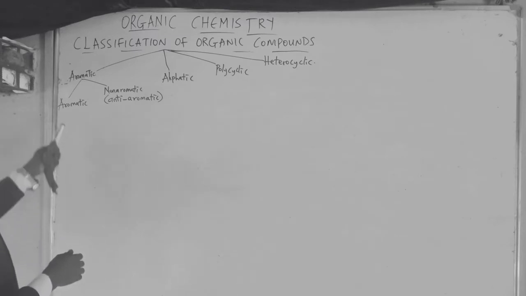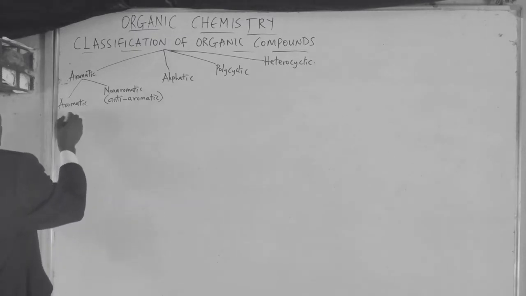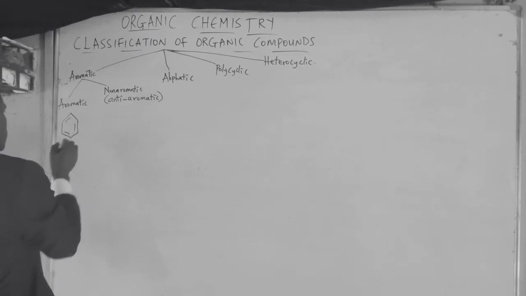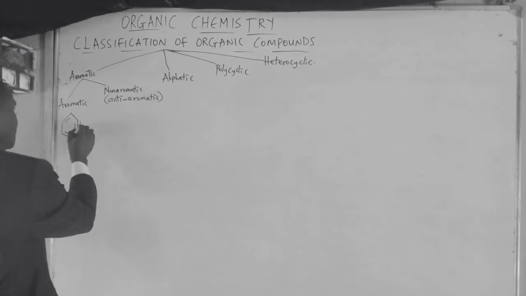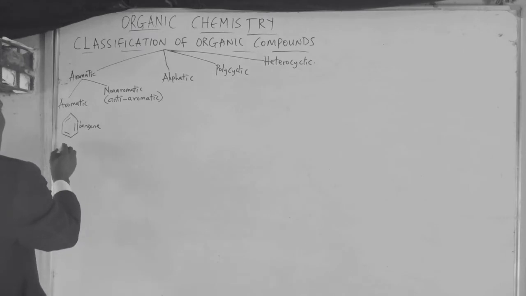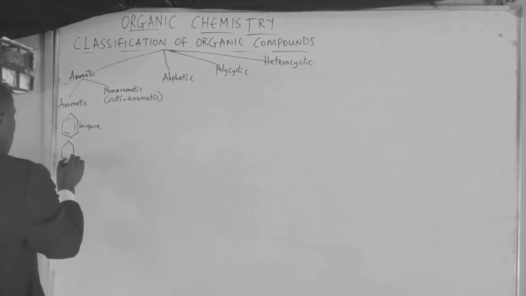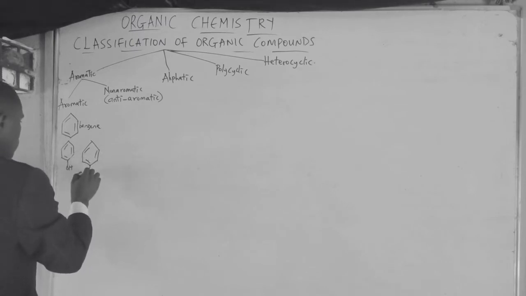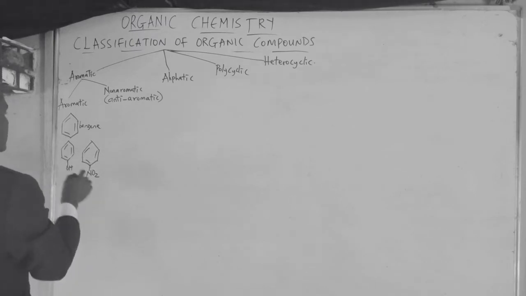Why do we say that benzene compound is drawn this way? And its derivative, this is benzene. The derivatives of benzene are, we have phenol, we have nitrophenol. Okay, this is nitrobenzene.